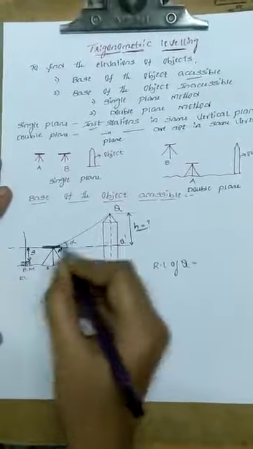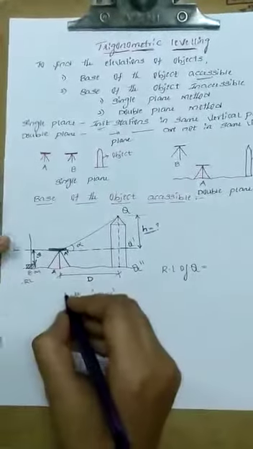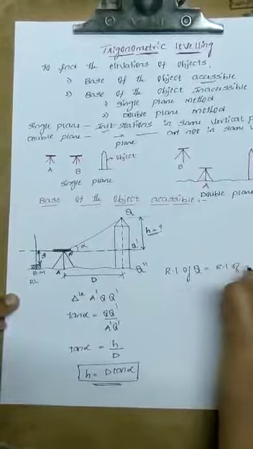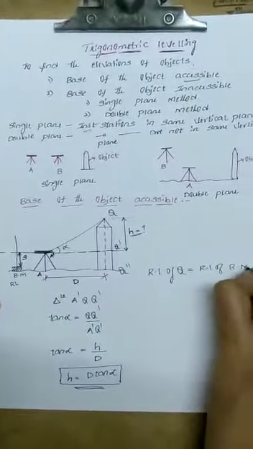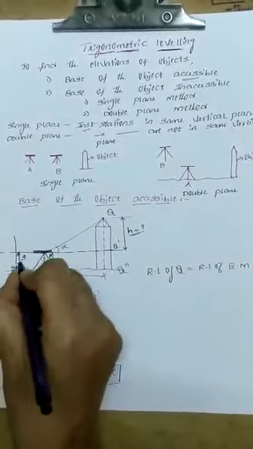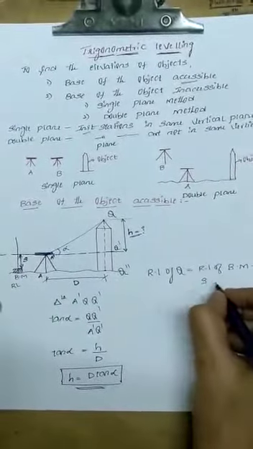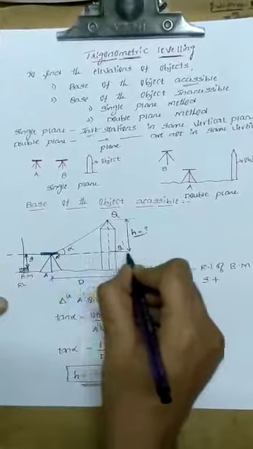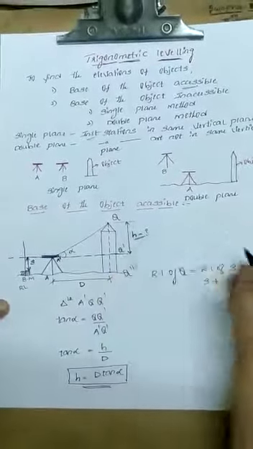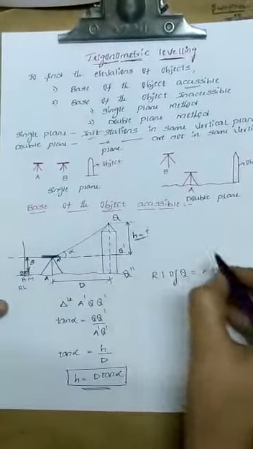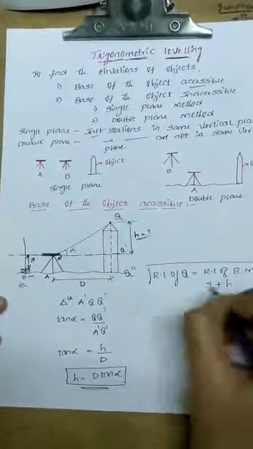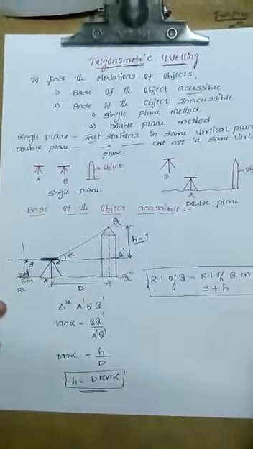Now the RL of Q is given by RL of benchmark plus the staff reading S, plus h. Then you get the RL of Q. This is the formula to calculate the RL of an elevated object Q.